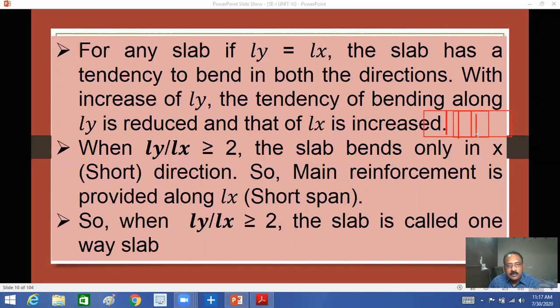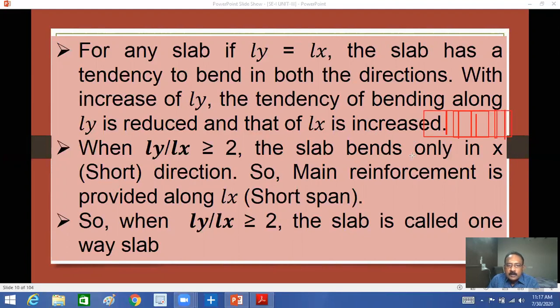Say a slab of 8 meters by 3 meters. Don't take 8 here, take 3. So Lx is 3. To calculate, you have to consider the shorter span, and the main reinforcement is provided parallel to your shorter span like this only.